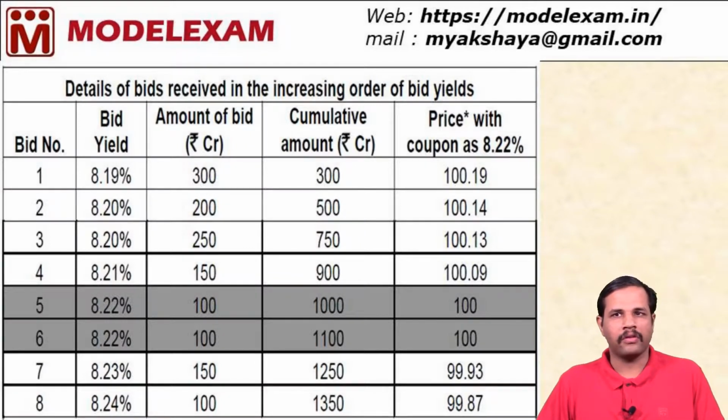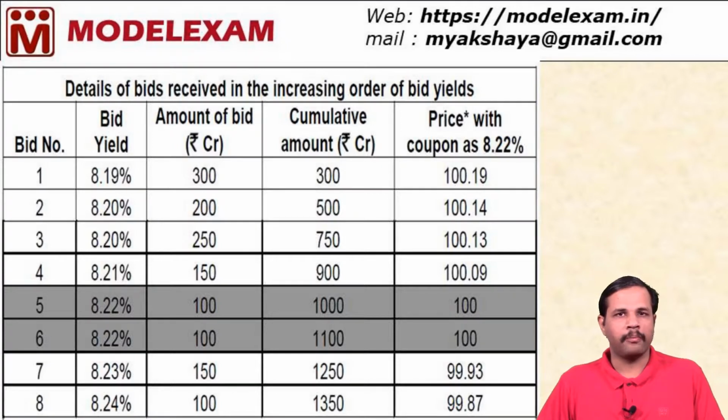In this case, those who have bid, that is the first four bidders, like 8.19 or 8.20 and 8.21, etc., that is, those who have bid less than the cut-off yield, will be given allotment based on the amount they bid for.